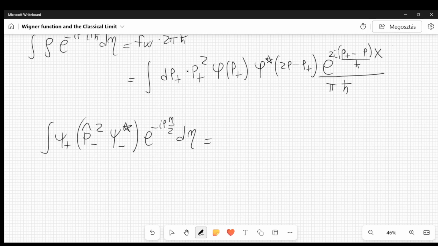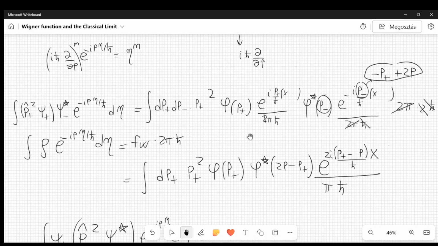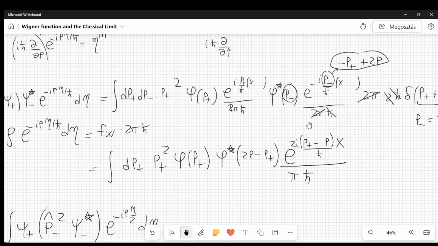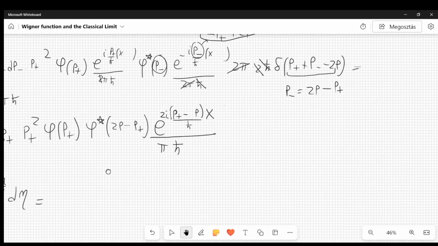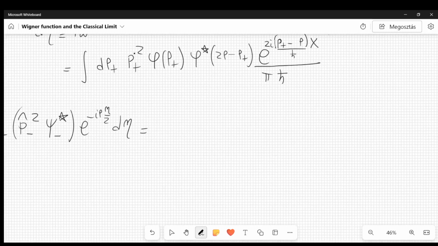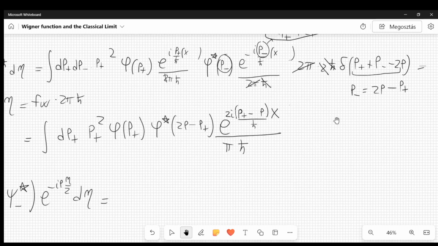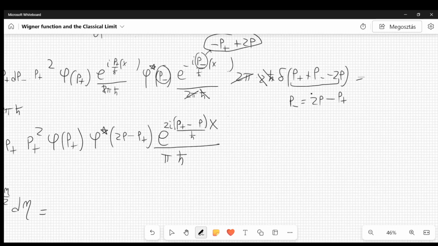This integration variable is different in the sense that we could have integrated out either p plus or p minus at the previous step, but we decided to integrate over p minus, so we are left with p plus. But instead of p plus, in here we have p minus, and p minus is a function of p plus. It's written like this, it's this expression here.